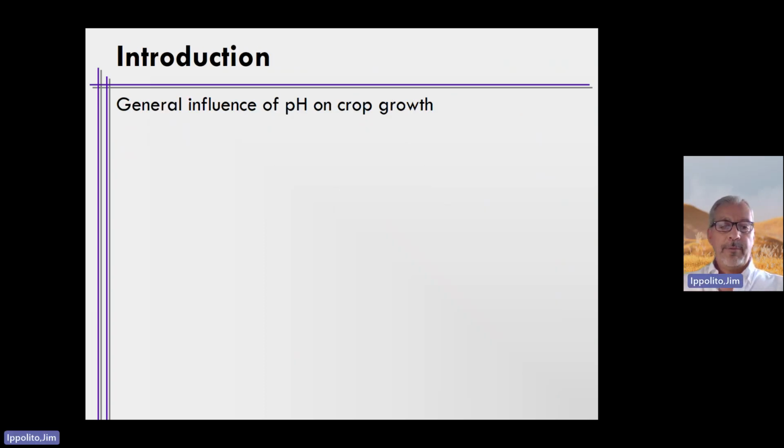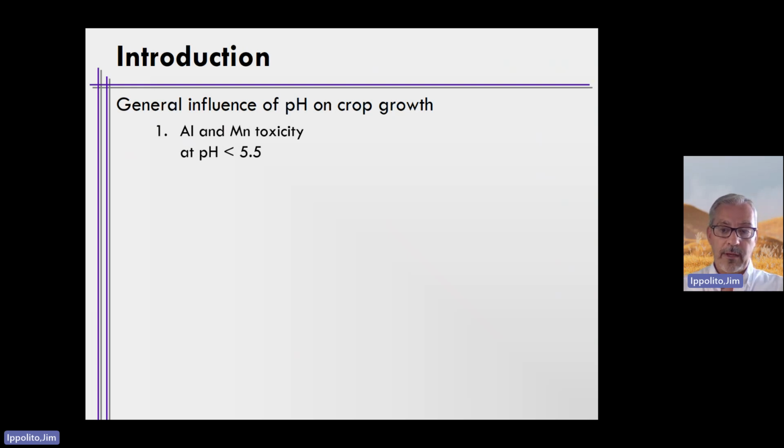So the general influence of pH on crop growth goes like this. When we have pH values less than about 5.5, we sometimes or oftentimes, depending on the crop, see aluminum or manganese toxicity. In terms of what occurs within the plant, aluminum and or manganese concentrations in the soil can be great enough that when the apical meristem is growing through the soil, it will touch excess aluminum or manganese, and excess manganese or aluminum kills the apical meristem.